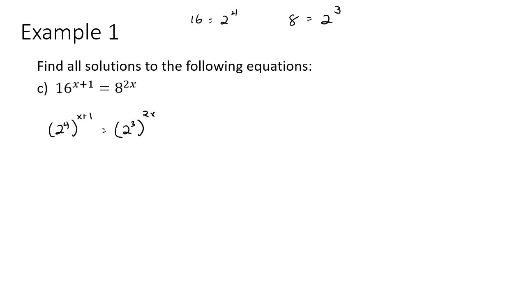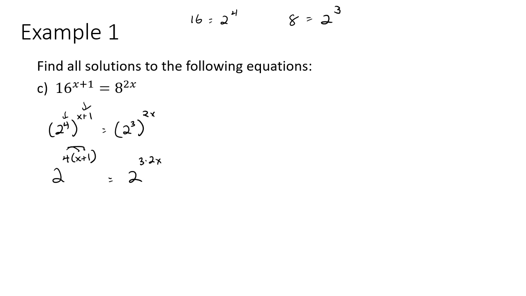Now again, we have to be careful because this exponent has multiple pieces. So when I multiply this time around, I need to do the inside exponent of 4 times the entire outside exponent of x plus 1. The parentheses are very important here. On the other side, we're going to have 2 to the 3 times 2x, which will just give us 6x.